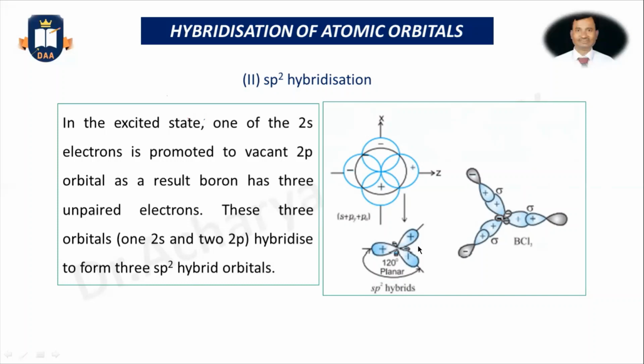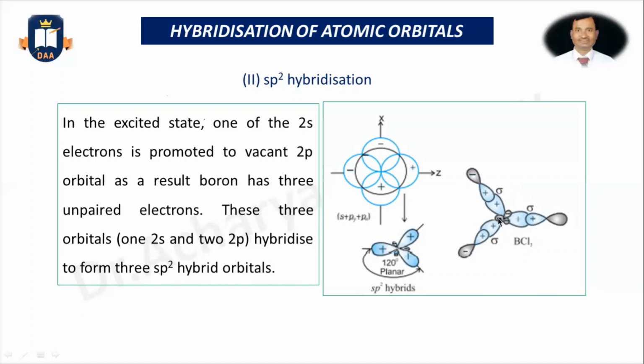All the orbitals' directions are only in one plane. That's why it is planar in nature. And the bond angle, when it finally forms, is 120 degrees.